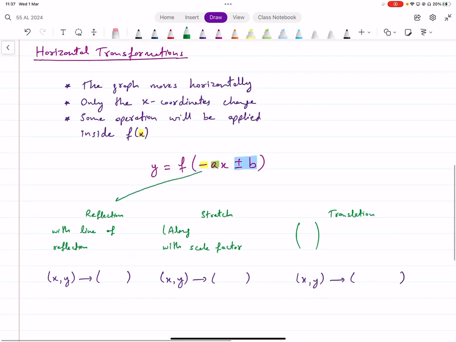You will have reflection, but now this is horizontal reflection, with line of reflection the y-axis. When you multiply by a number inside, that's a stretch, but now this is horizontal stretch.